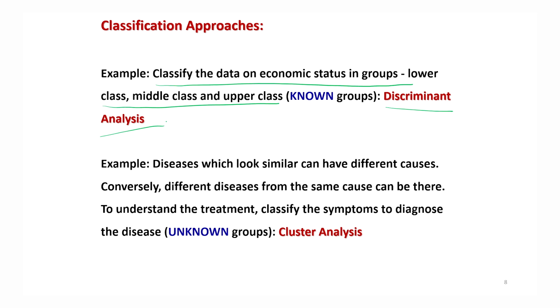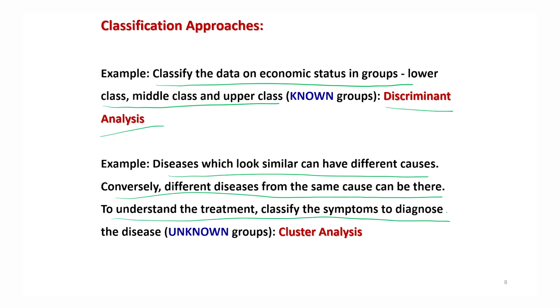Whereas diseases which look similar can have different causes, and conversely, different diseases can arise from the same cause, and we don't know. So to understand the treatment, we classify the symptoms to diagnose the disease, and these are unknown groups. What the different groups are due to which a particular disease can occur, we don't know. So this comes under cluster analysis.